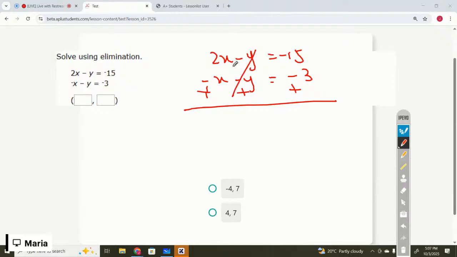So positive y and negative y cancel out. 2 plus 1 is 3x equals negative 15 plus 3 is negative 12. So x equals negative 4. Now substitute x equals negative 4 in any of the equations and calculate the value of y.